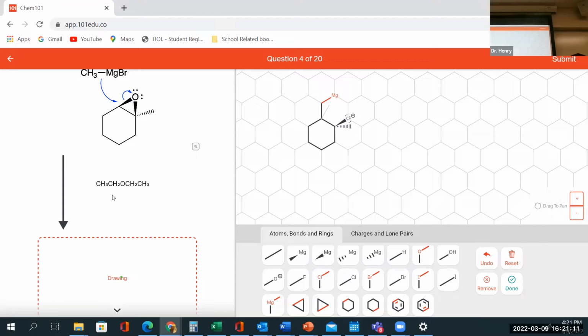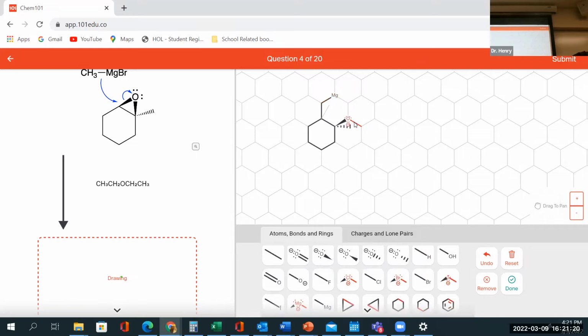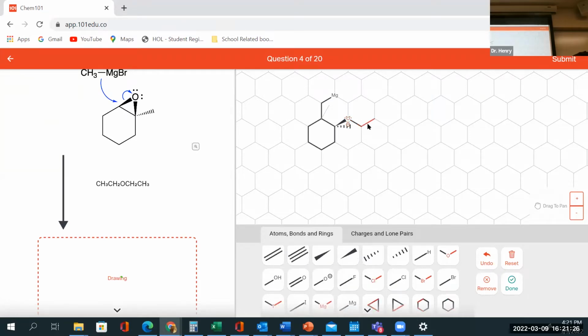Okay. So you're saying the ether is going to be attached. Let's see, 1, 2, and then technically, is the whole ether going to be attached?